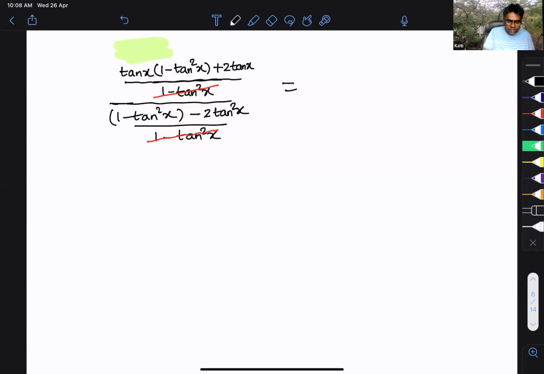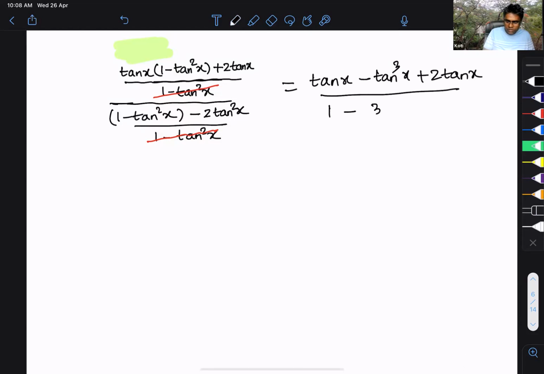So tan x minus tan x into tan square x will be tan cube x, plus 2 tan x, divided by 1 minus, it's just tan square x minus 2 tan square x, so that is 3 tan square x.